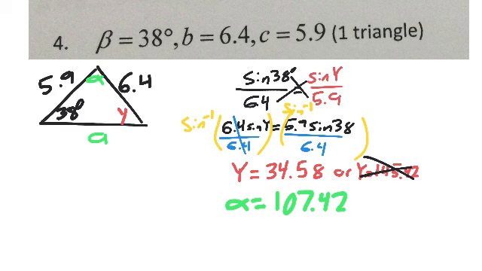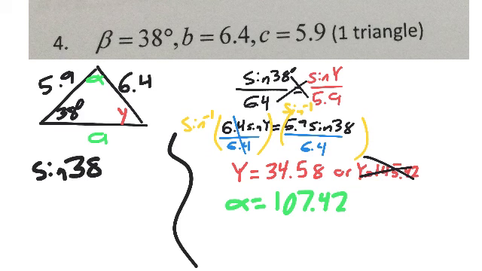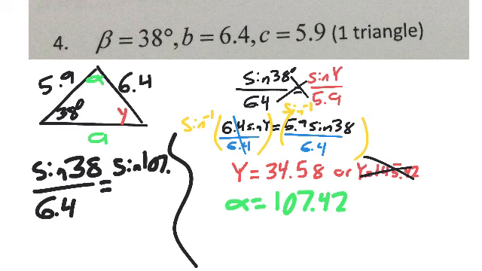Now the last thing to find is side length A. So I'm going to have to use the law of sines again. So I go back to my pivot ratio, the one I had at the very beginning, sine of 38 over 6.4. And now I'm going to use it with the angle alpha and side A. So that's going to be equal to sine of 107.42 over A.